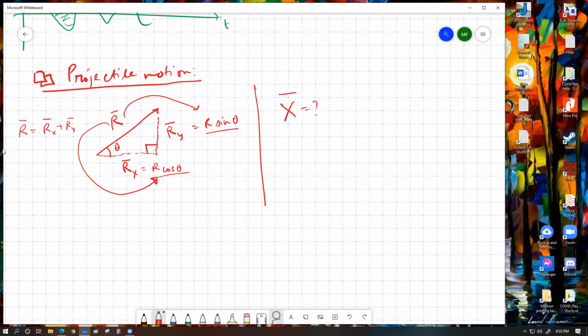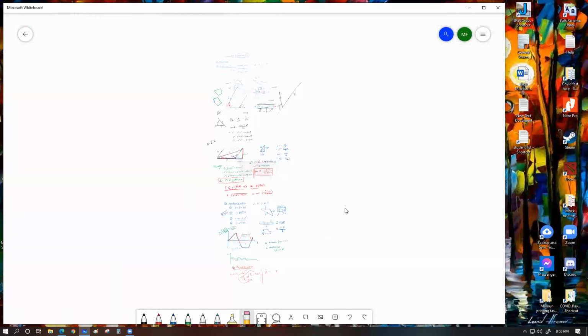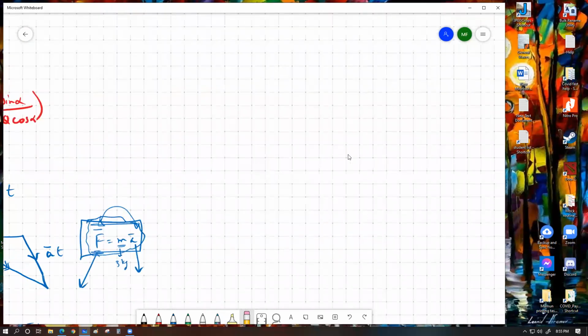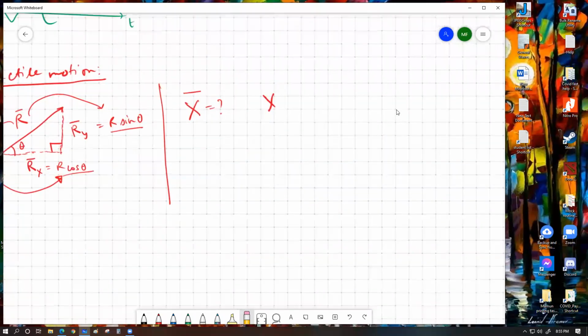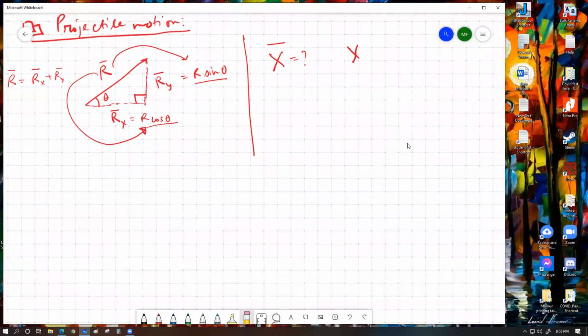Another approach is that, by mathematical or graphical method, we can calculate it. Instead of x, I'll use a different letter, because I'm going to use x as the horizontal direction. Sorry for the jumping.